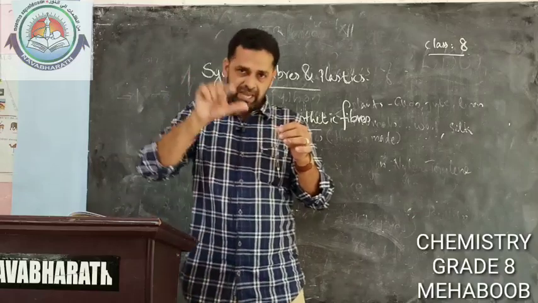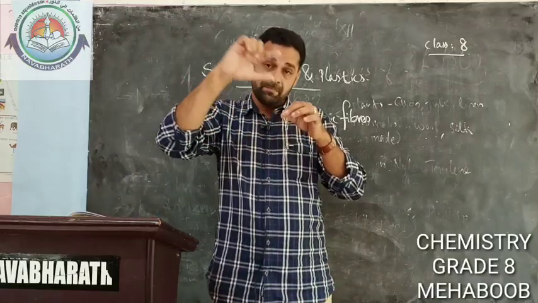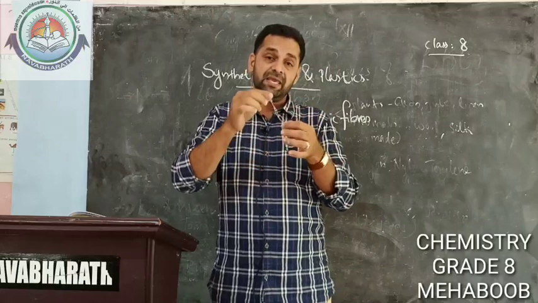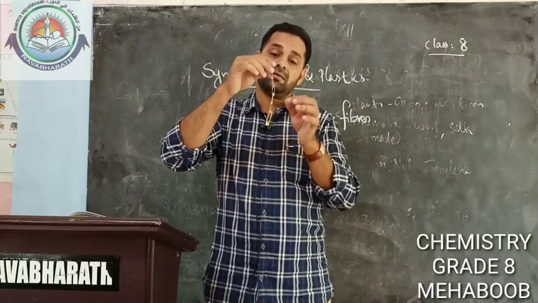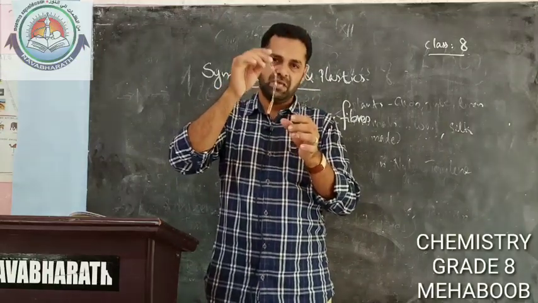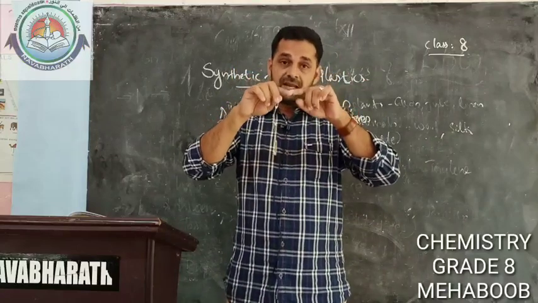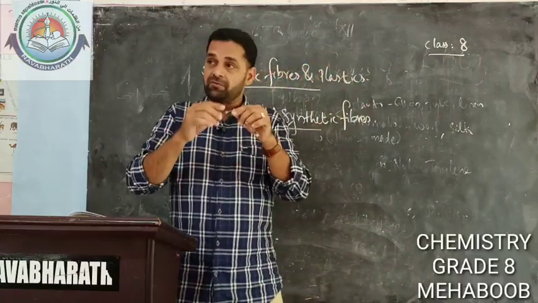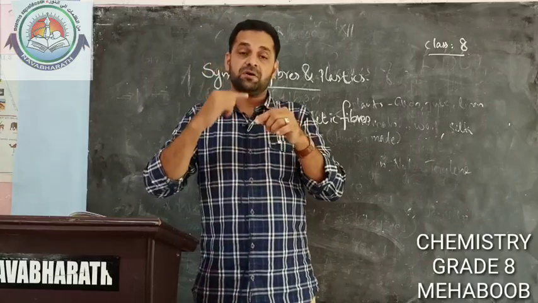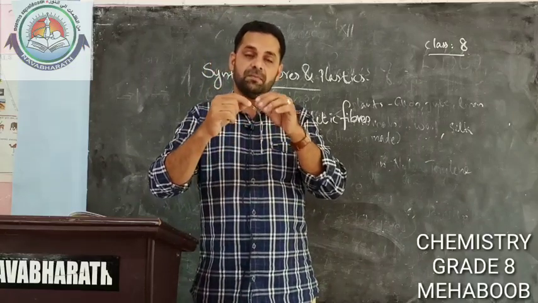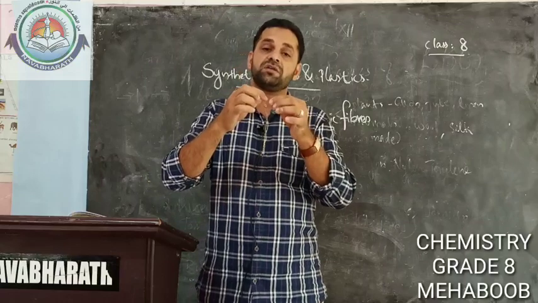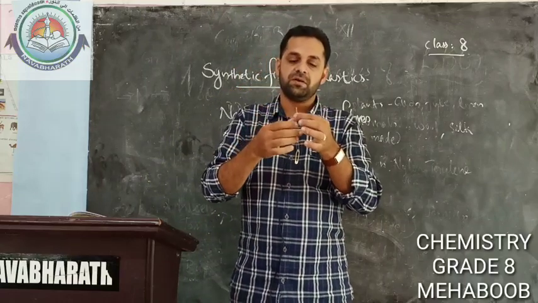So a chain is a large unit made of many small units. If you make a chain of safety pins, that chain is made up of many safety pins.